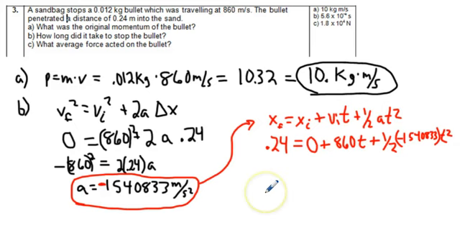Alright, so when you go to solve this, there are a couple of ways that you can go about doing this. First off, you need to move the 0.24 over to the other side, so then it'll be negative 0.24.